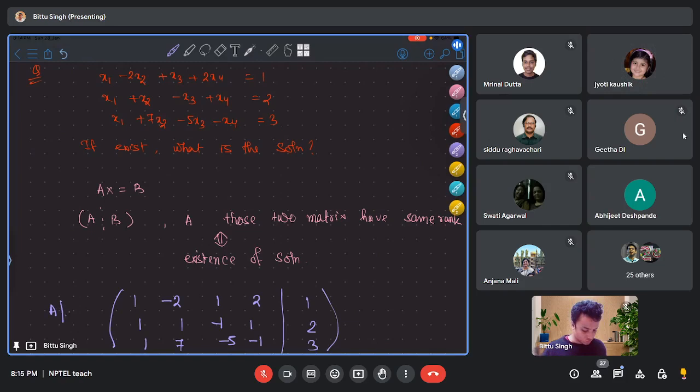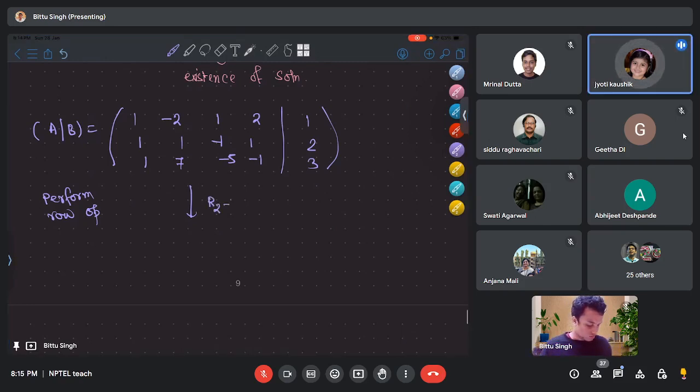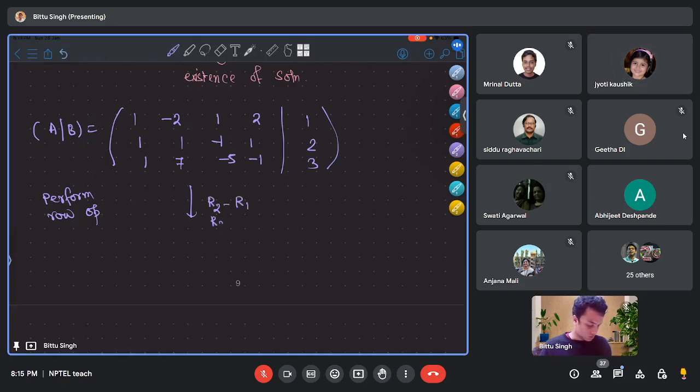This is A augmented with B. So we'll perform row operations. What will be the first step? R2 minus R1, R3 minus R1. Yes, great.